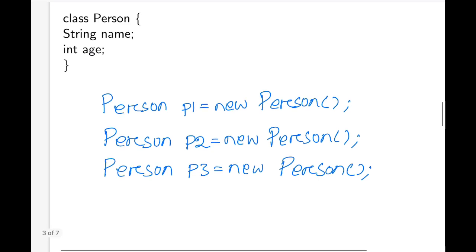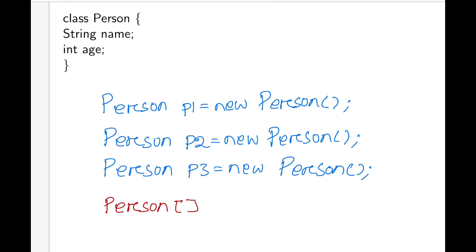So for that, what should we write? Like the previous array of integers, we can write in this way: person, then the square bracket, then the name of the array. Assume the name of the array is small person.